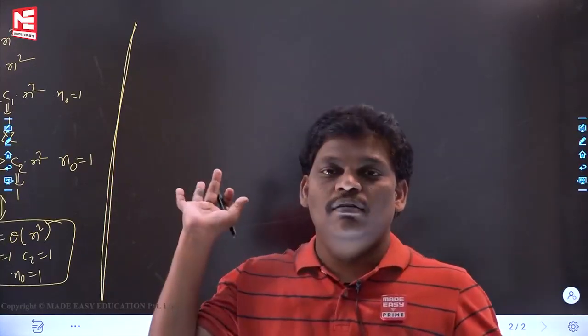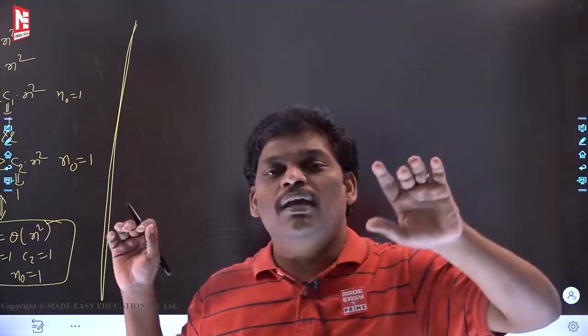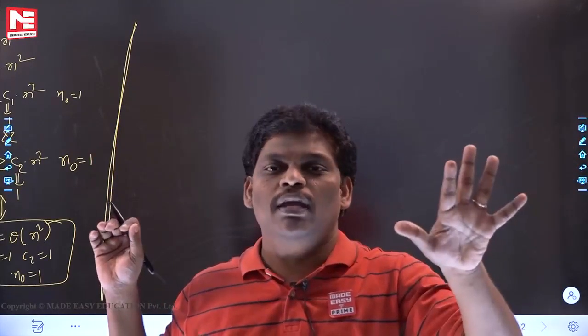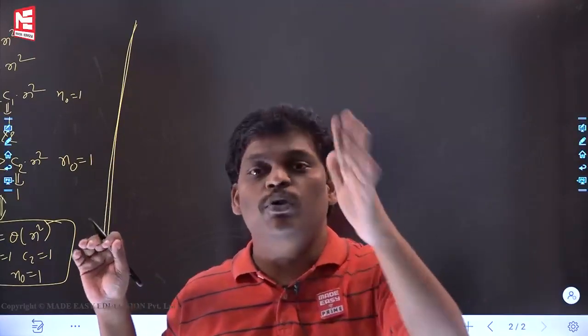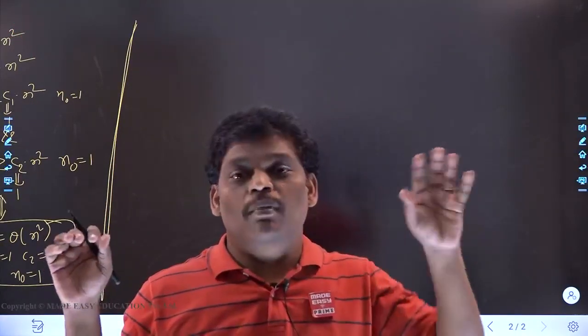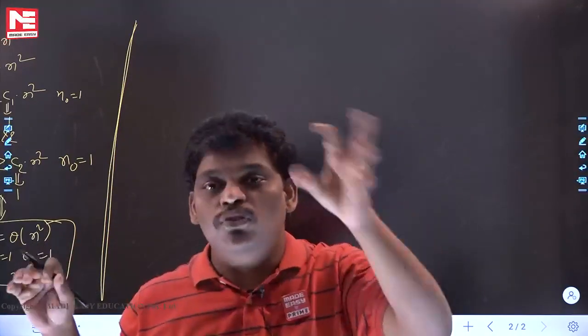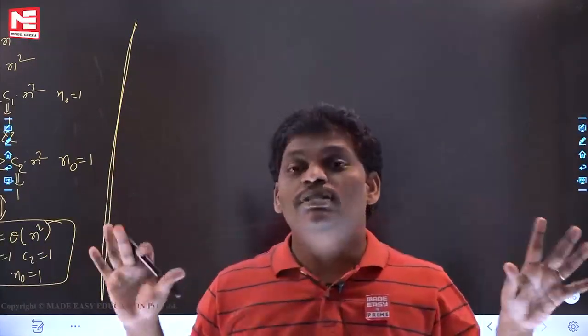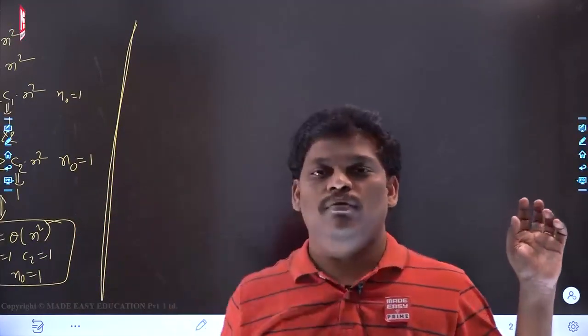If anyone asks you, in algorithm subject are you comfortable or not? You say, in algorithm subject totally 25 topics are there, I am comfortable with 22. I am not comfortable in the 7th topic. I am not comfortable with the 24th topic. Don't say I am not comfortable in algorithm subject. Say which topic you are not comfortable.